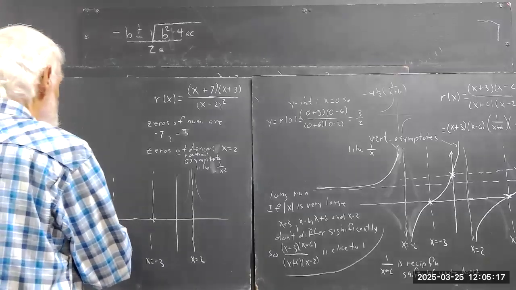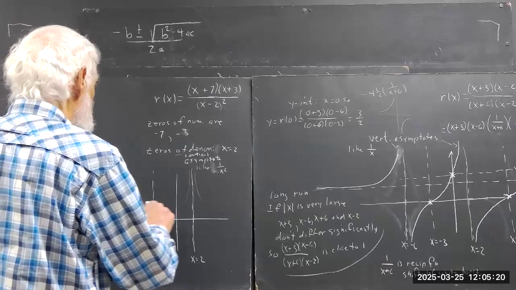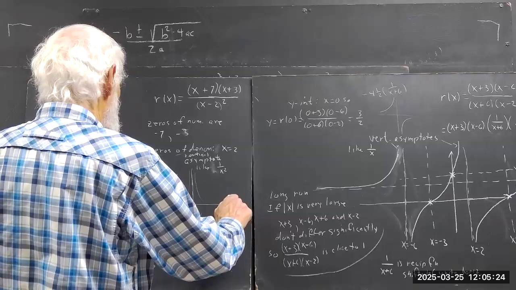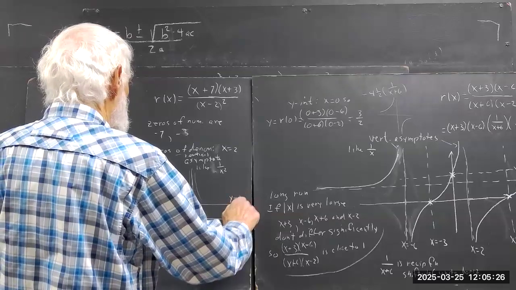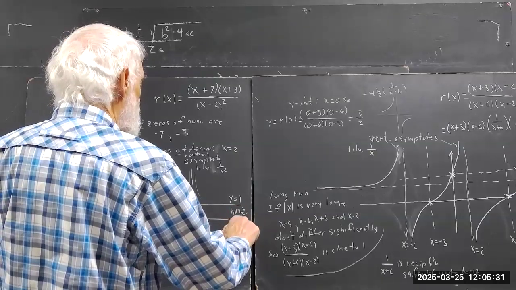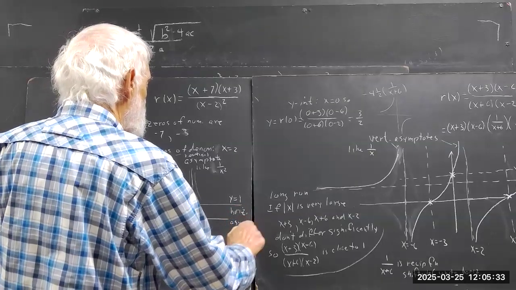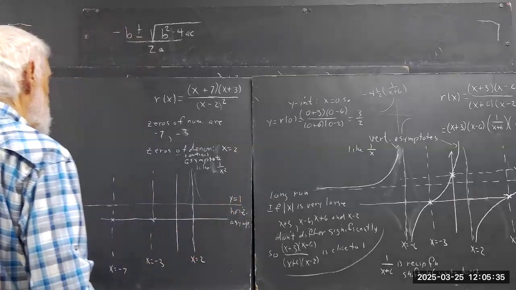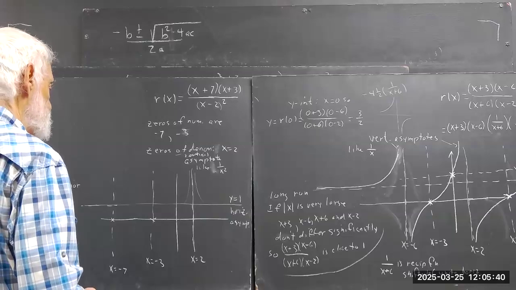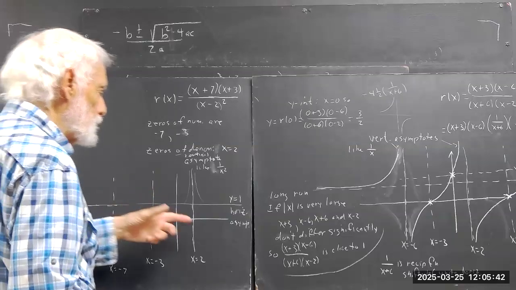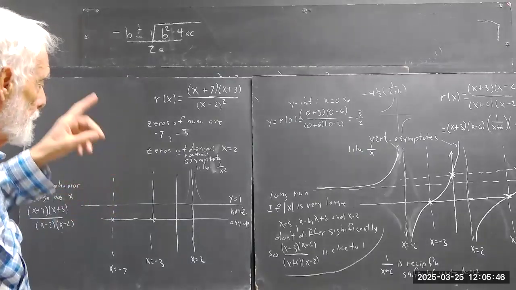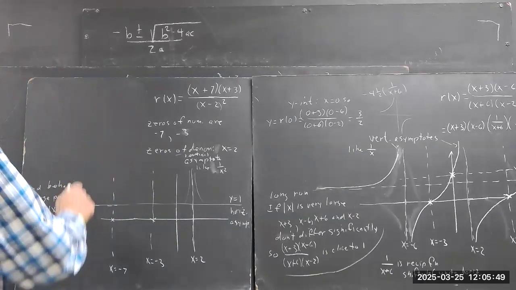So again, we have y equals 1 as the horizontal asymptote. Probably should have made y equals 1 lower because of the y-intercept.